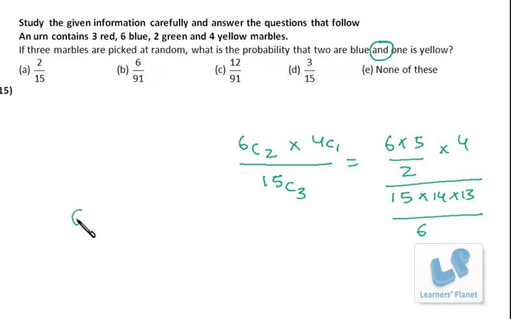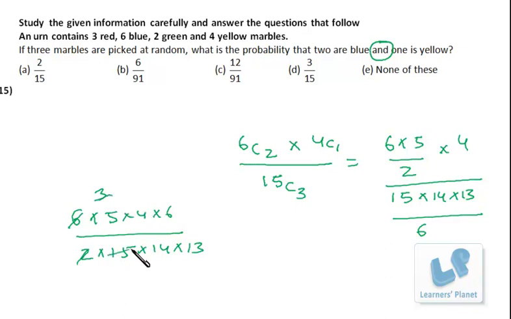So it is 6 into 5 into 4 into 6 upon 2 into 15 into 14 into 13. So that is 12 by 91. Okay, I hope you are getting me.